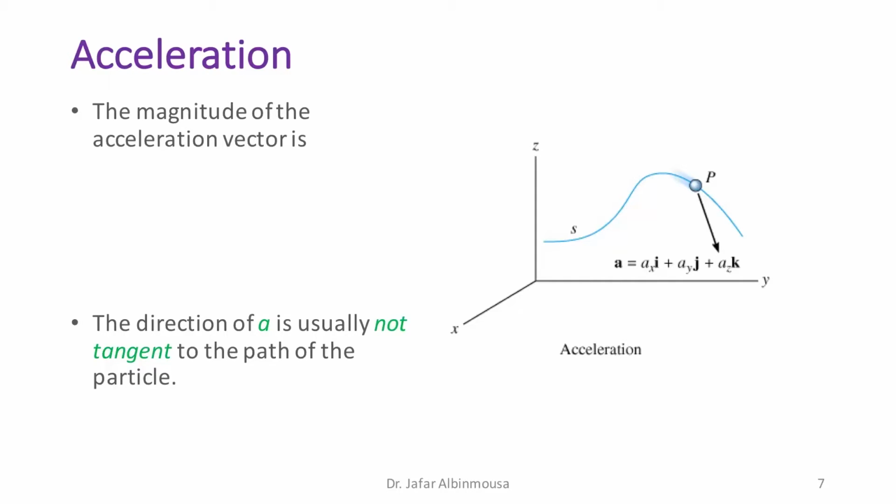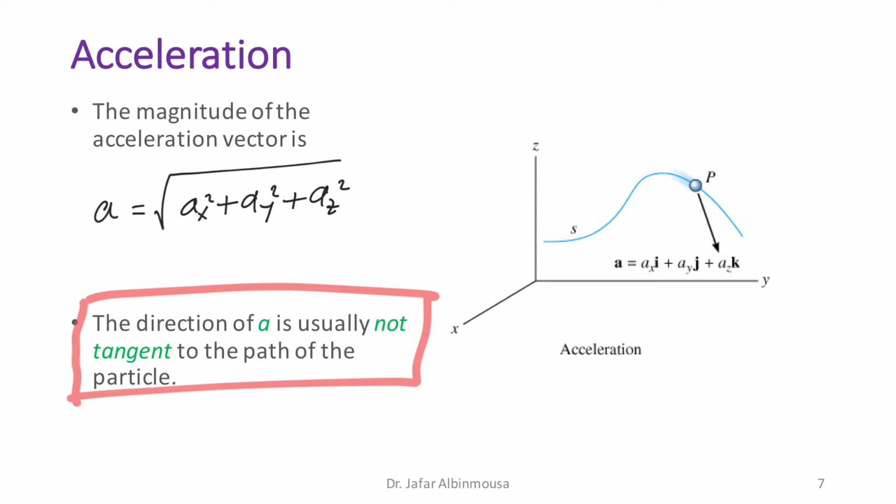Now, the magnitude of the acceleration is the square root of the squared components, ax squared plus ay squared plus az squared. And this is again the comment here about the concept of the tangent.